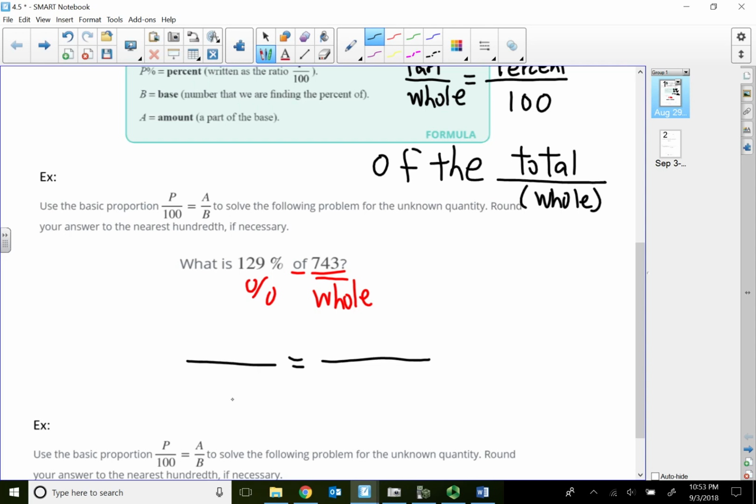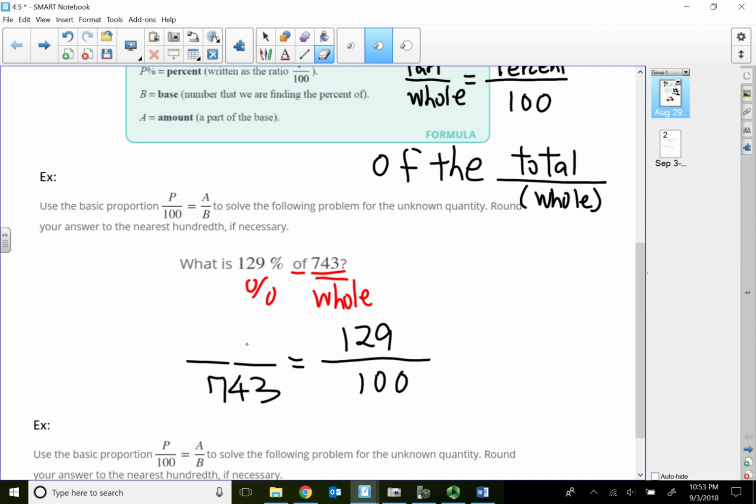So regardless, my whole is 743. 129%, that will be 129 over 100, right? That's what a percent is, over 100. So I'm looking for my part or my amount, or some people call it x, whatever variable you want to use here. I'm going to use the word part because I like part over the whole.